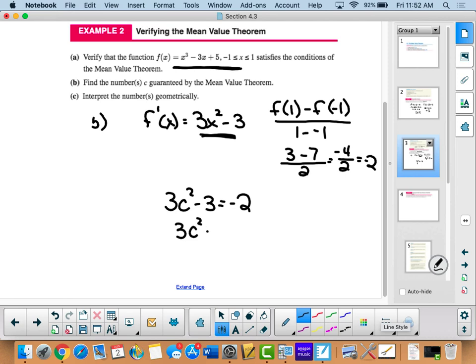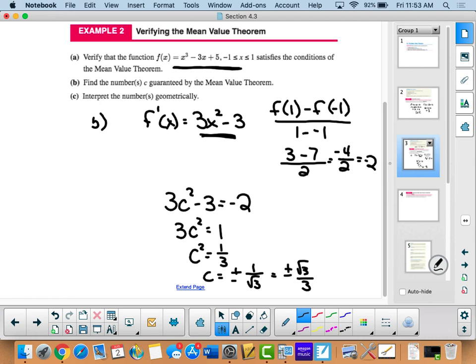So 3c squared is equal to 1. So c squared equals 1/3. So c is positive and negative 1 over the square root of 3, which we simplify to the square root of 3 over 3. Both of those are in that interval -1 to 1.